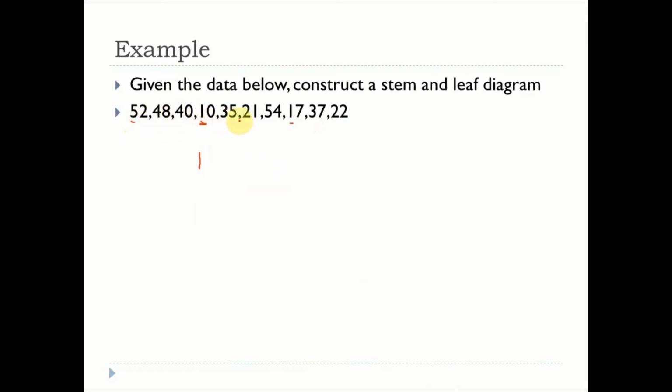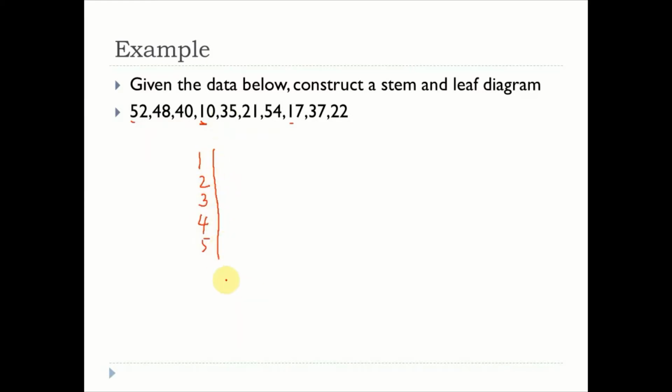Then after 1 should be 2, so there is 2, then 3, then 4, and then 5. Do we have 6? No. And earlier the rule said there must be 5 numbers here. So we need 1, 2, 3, 4, 5. So this is an acceptable stem.